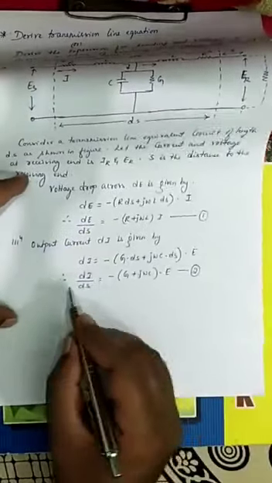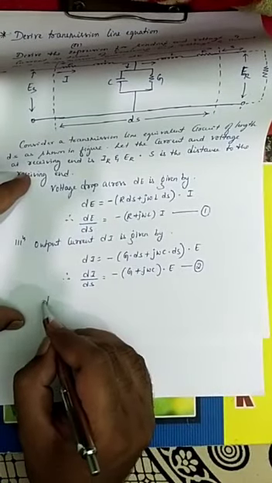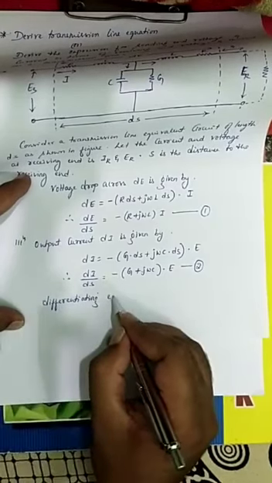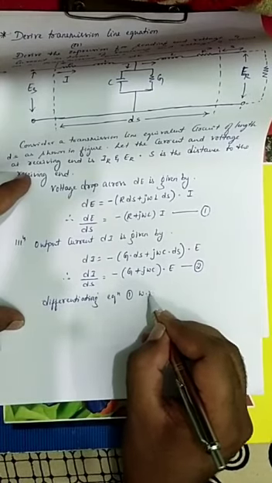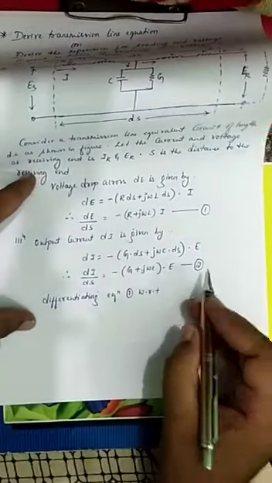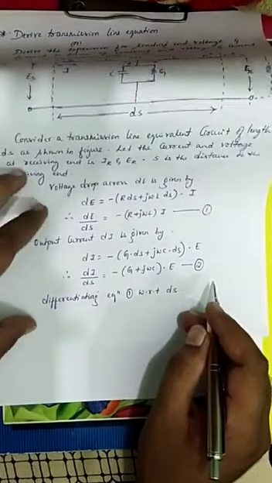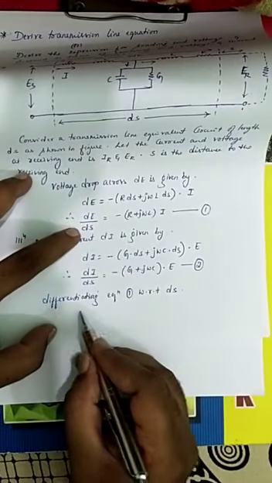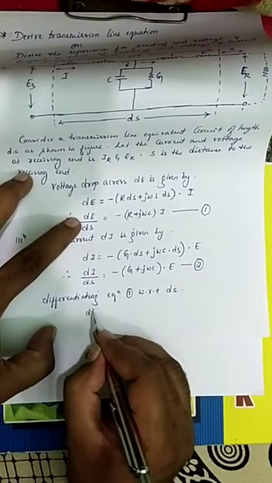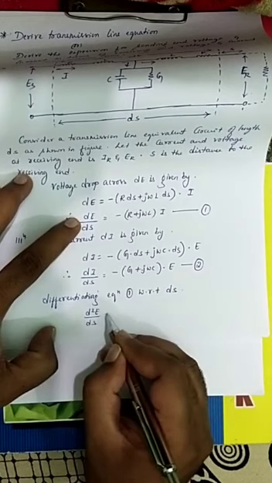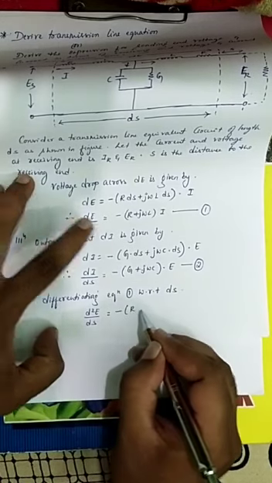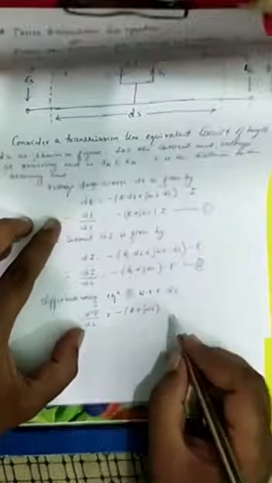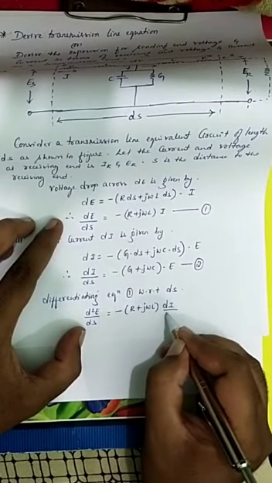So differentiating equation number 1 with respect to the small differential length ds, d square E by ds square is equal to minus (R plus j omega L) into dI by ds.